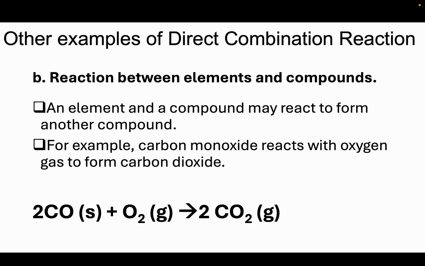So as you can see, still it is an example of a direct combination reaction, since it has a specific compound and another element, and then the resulting product is still a compound. So pwede ito, pwede siya na compound yung isa, loner na element yung isa, and it will result with a compound.